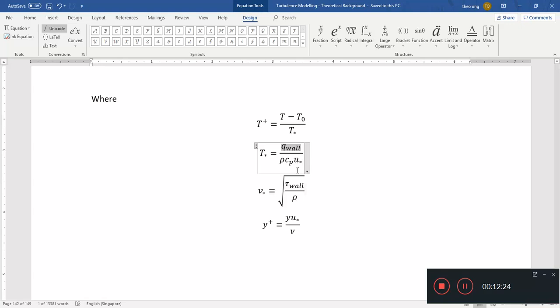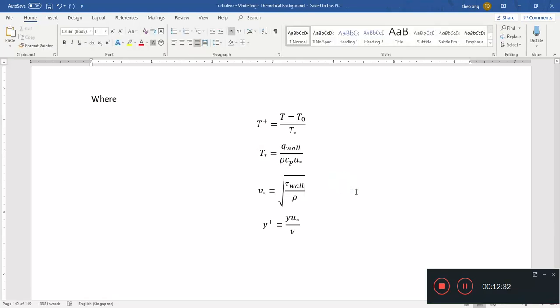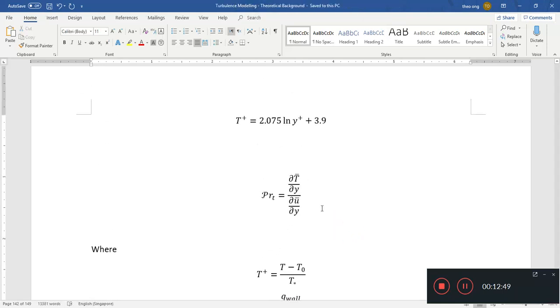Q wall over rho Cp gives you that reference, because tau wall is divided by rho; the equivalent for heat flow is Q wall over rho Cp. This will help you to non-dimensionalize your equation.